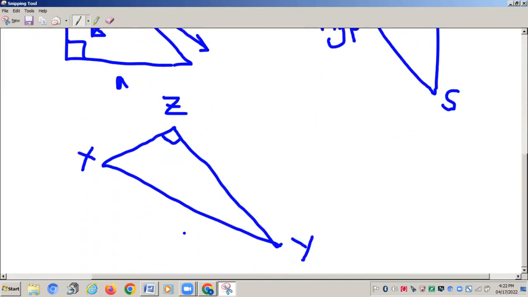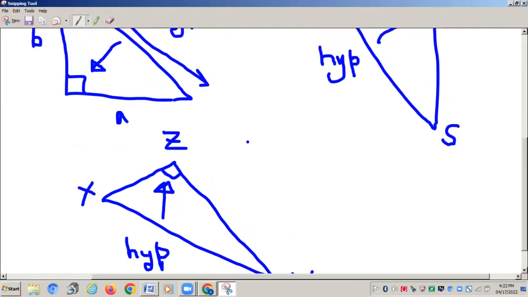It will be XY. Because it is directly opposite the what? The right angle. Now, if you look at this diagram, ZY could also be considered the longest side, not true? But to be absolutely sure, we use that strategy. All right. So it is always important to learn how to identify the hypotenuse of a right angle triangle.